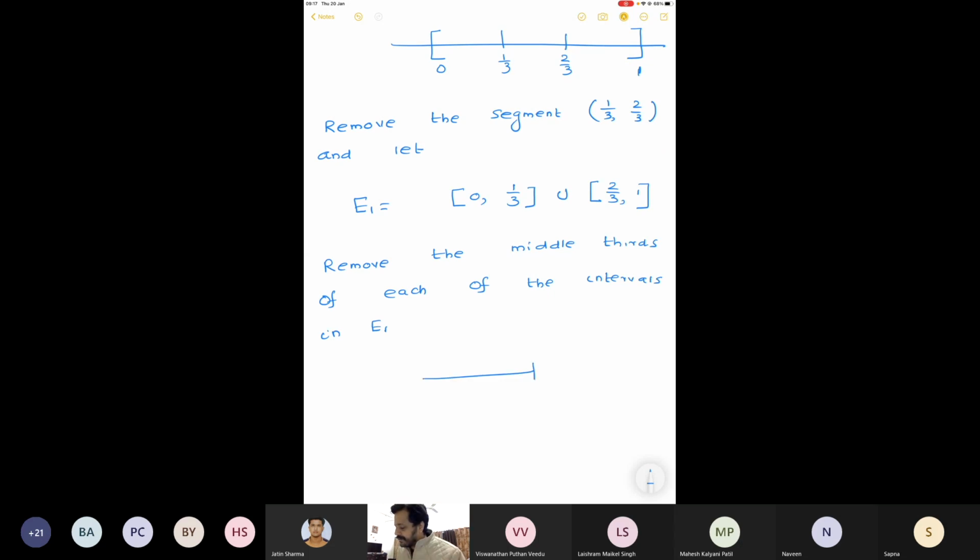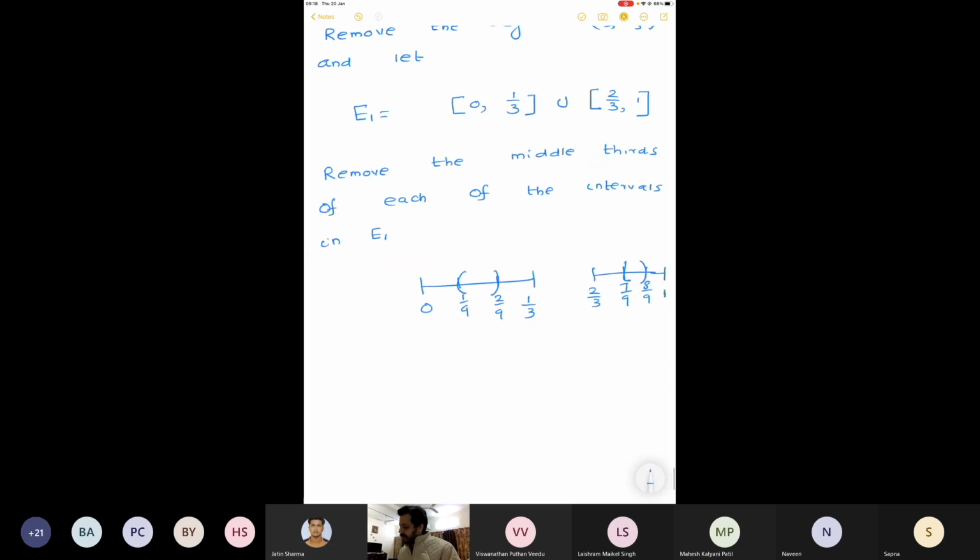So [0, 1/3] is one part of E1, and [2/3, 1] is another part of E1. Divide into 3. So it will be 1/9, 2/9, and remove this. And here it will be 6/9, 7/9, 8/9, and 9/9, and remove (7/9, 8/9). This procedure you know.